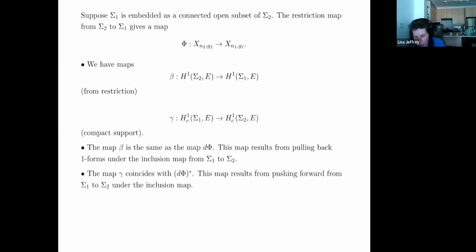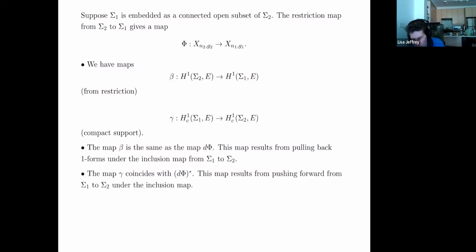So if sigma 1 is embedded as a connected open subset of sigma 2, then the restriction map from sigma 2 to sigma 1 gives you a map from the sigma 2 character variety to the sigma 1 character variety.